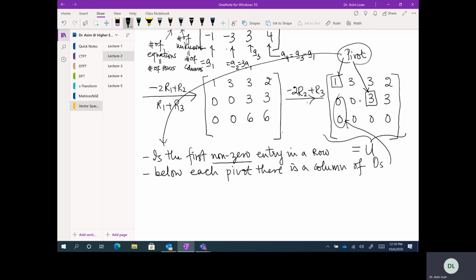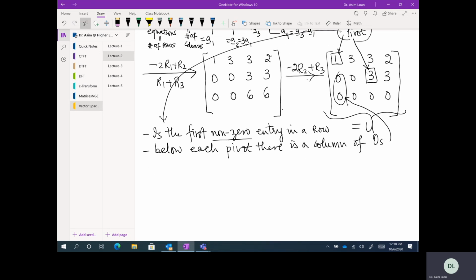And each pivot lies to the right of the pivot in the row above it, which gives the staircase pattern.